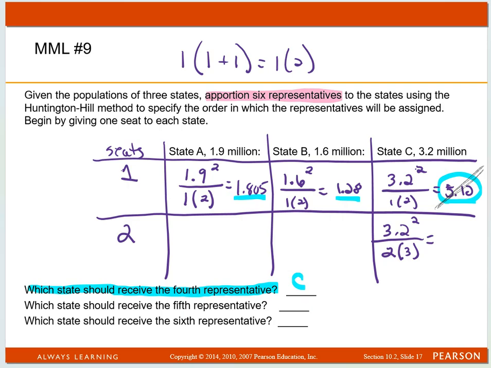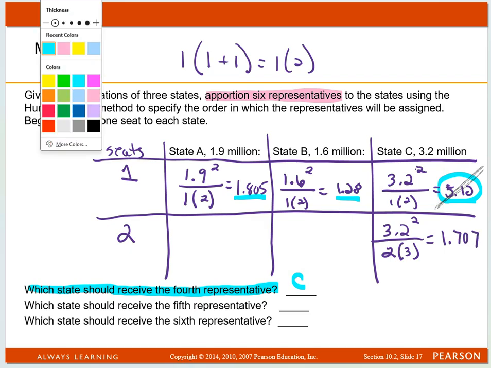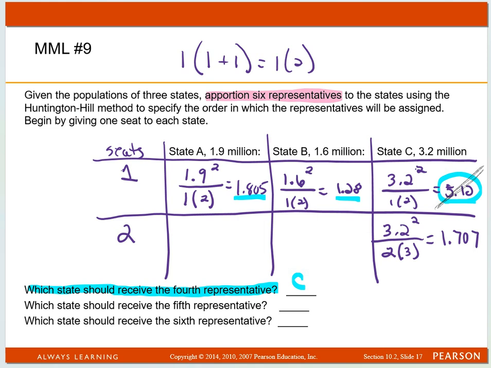And so the next Huntington Hill number here is 1.707.